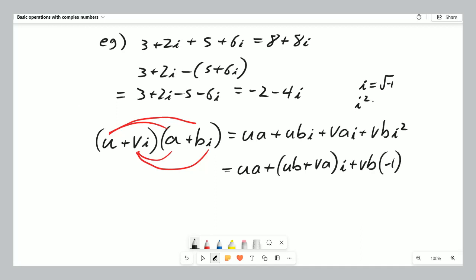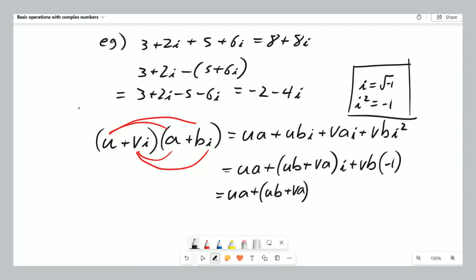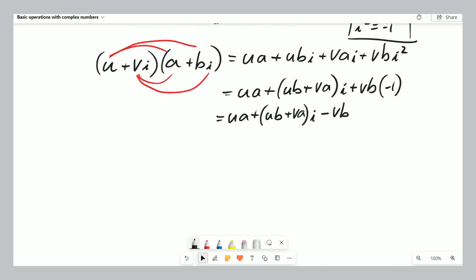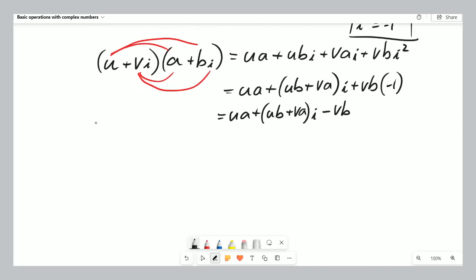So i squared is the square root of negative 1 squared, which is negative 1. So we can further simplify this: ua plus ub plus va times i minus vb. And here we can rearrange this to have a more easy to look at real component and imaginary component.